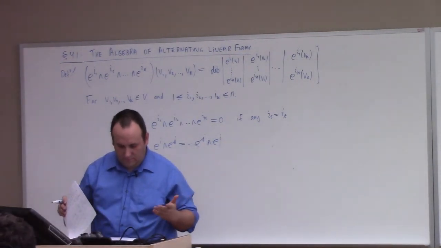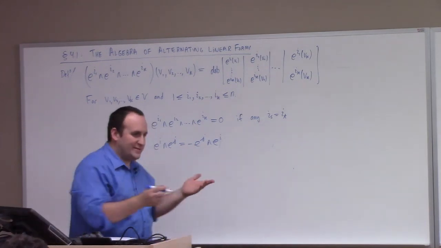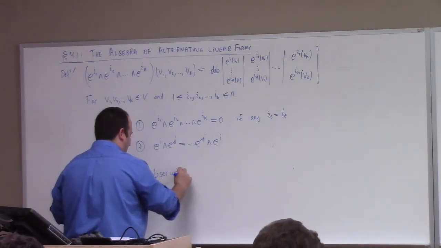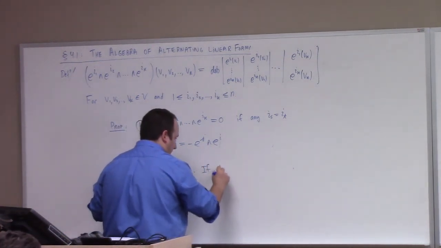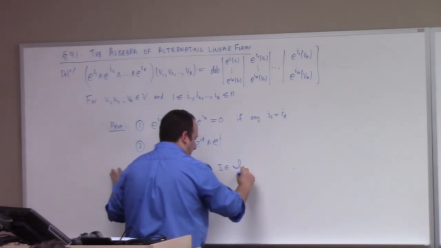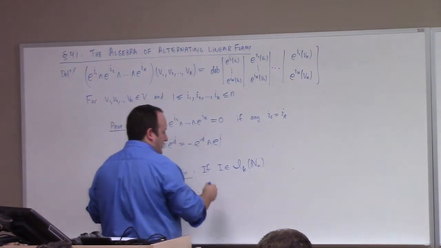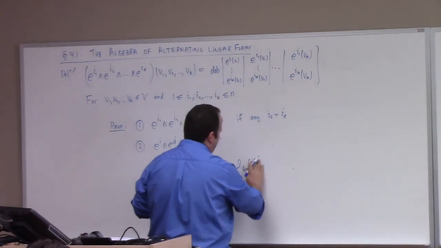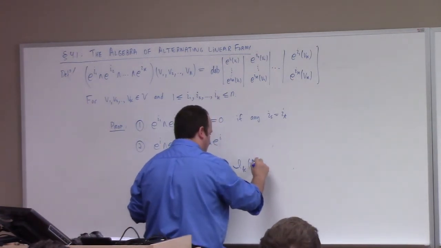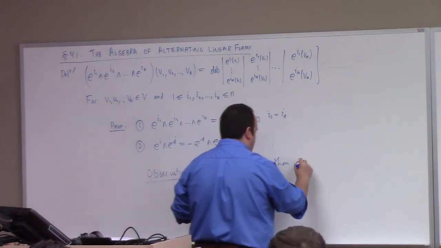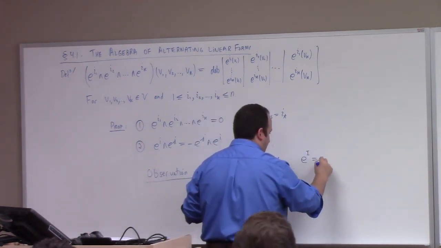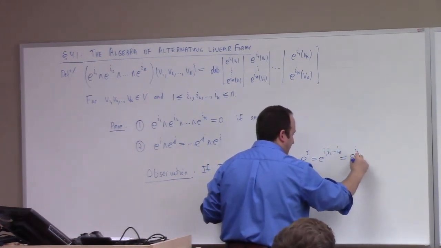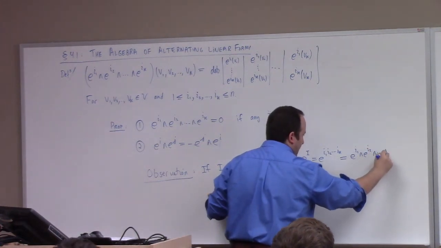Well, anyway, it's an observation we can make: if I is an element of the multi-indices of length k over n sub n, then E^I, in other words E^I1, I2, IK, is in fact equal to E^I1 wedge E^I2 wedge and so on wedge E^IK.